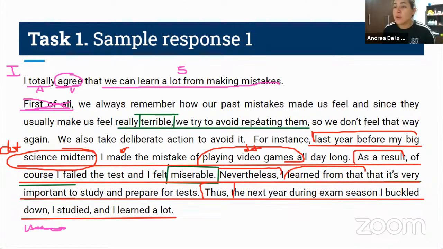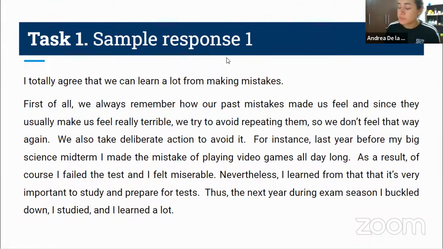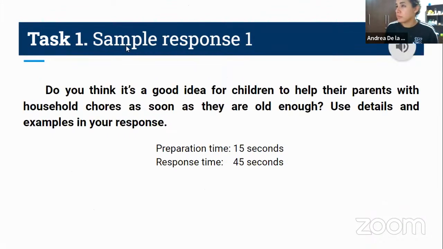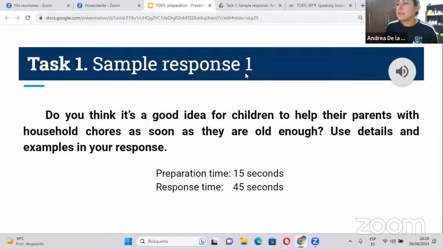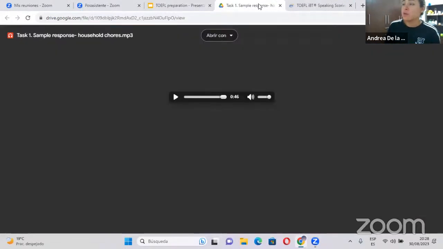Okay, I just wanted you guys to see how it's a great response with one reason, one example, and everything we talked about yesterday. Okay, guys, do you have any questions about this so far? Okay, guys, we're not gonna listen to the next sample response. We will hear it tomorrow.